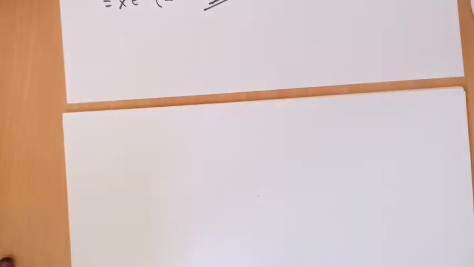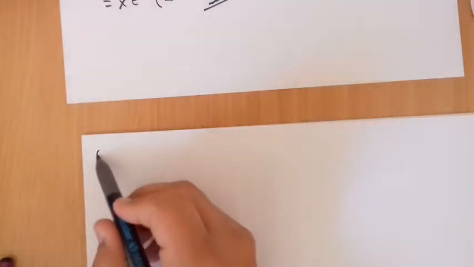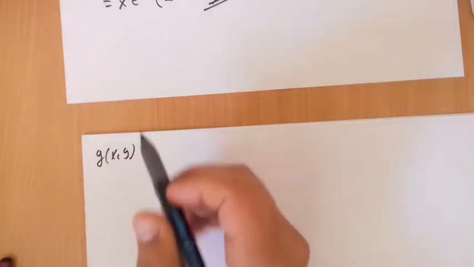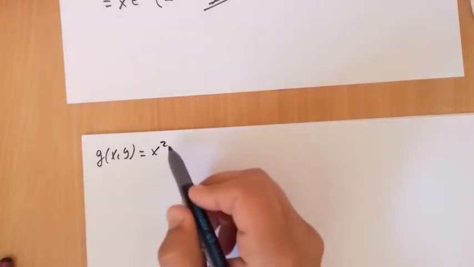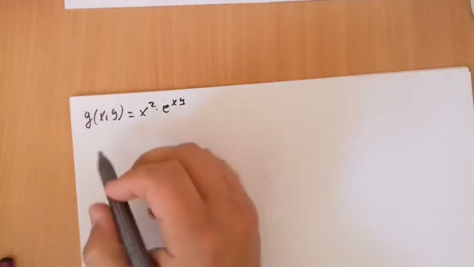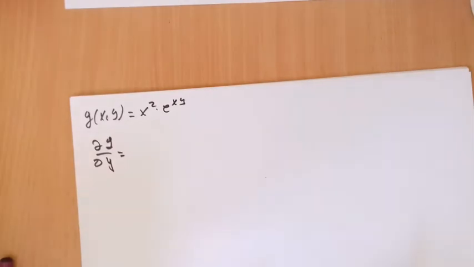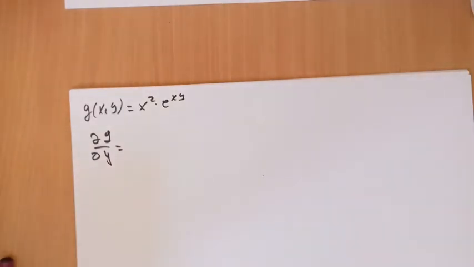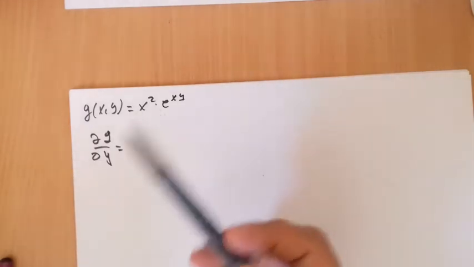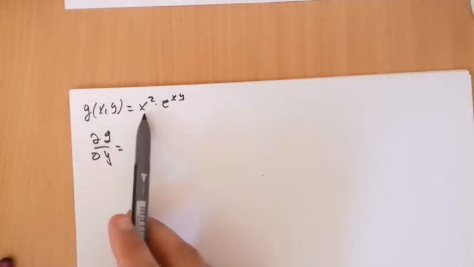Now I have to do the derivative with respect to y. So partial of g, partial of y. In this case, we don't have to use the chain rule. We don't have to use the product rule because in the first part we don't have y.